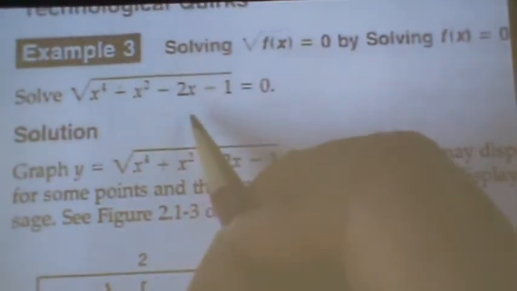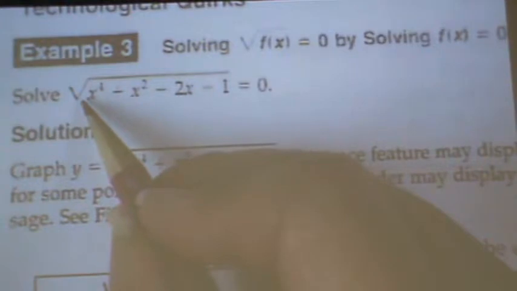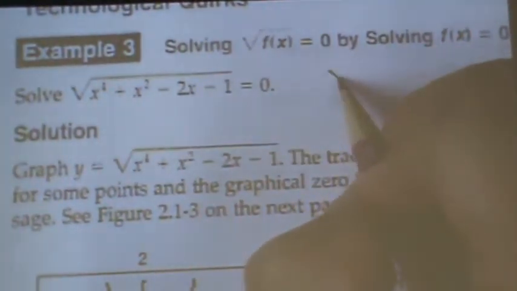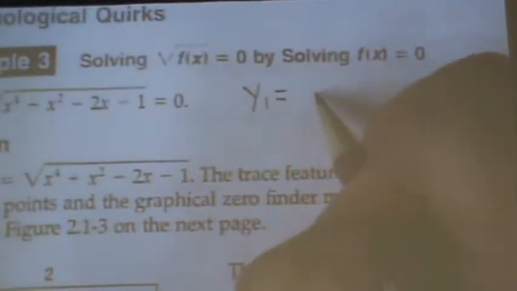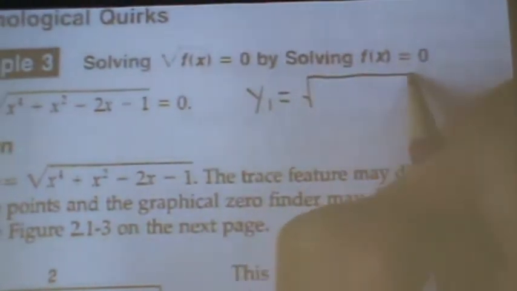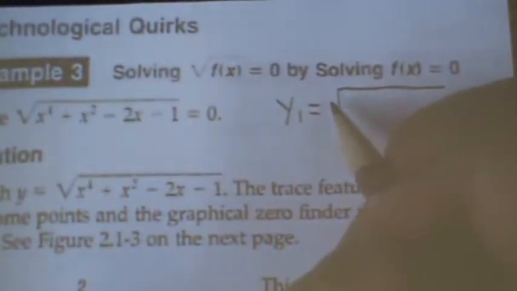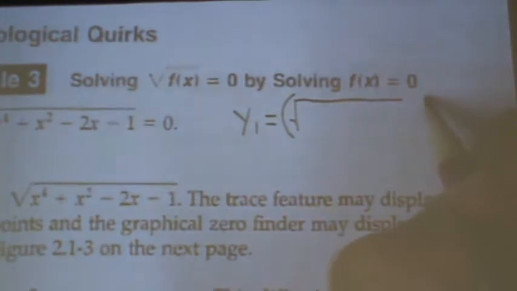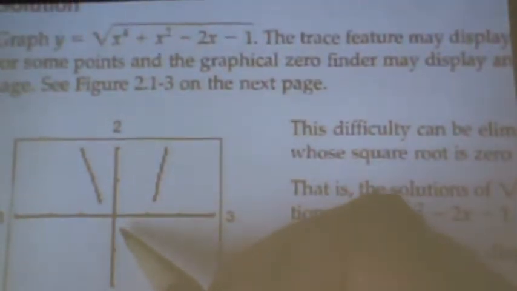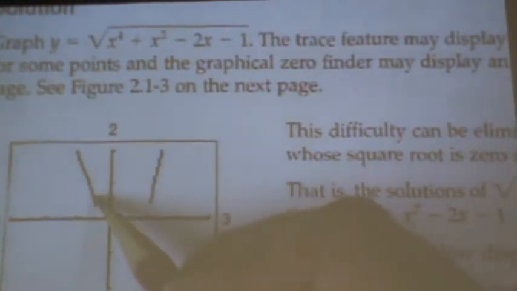I'm going to cut to the chase here. If you were to type this one in your calculator, so under y1 equals, if you hit the square root button and typed all this in, first you'd have a parenthesis there and then a parenthesis there, and you hit graph, what would end up happening for this one is you would see this, it would break.